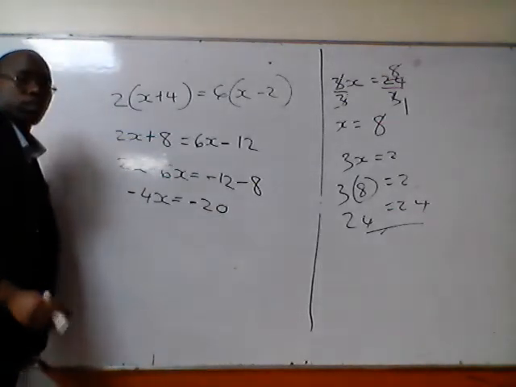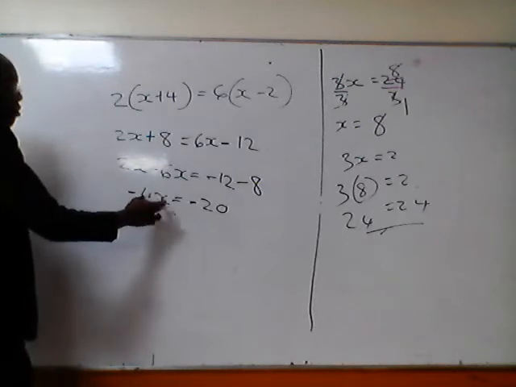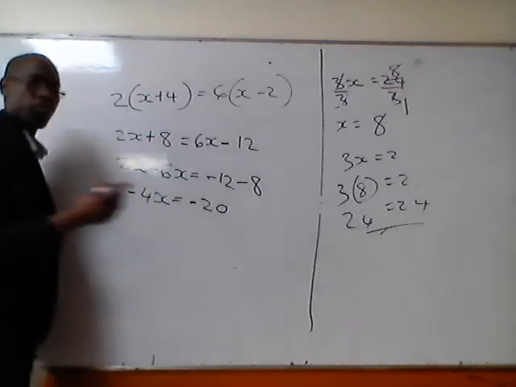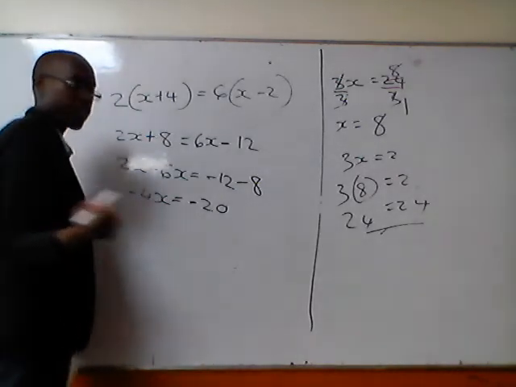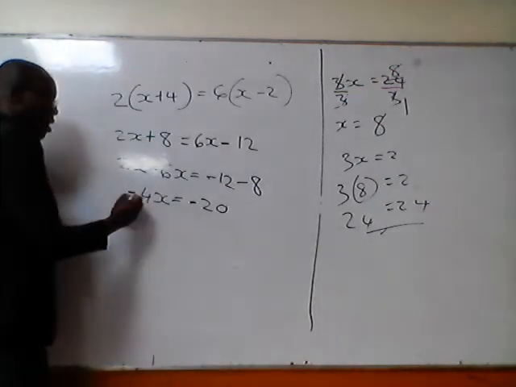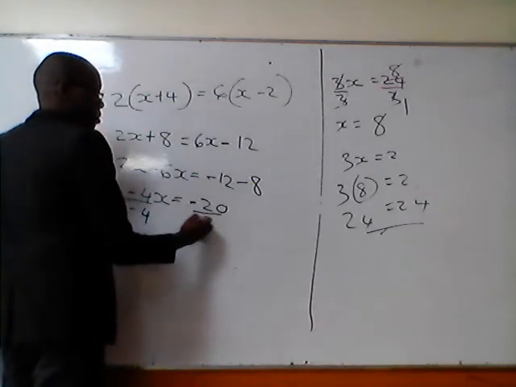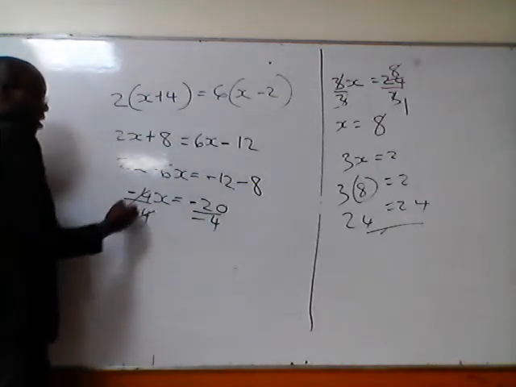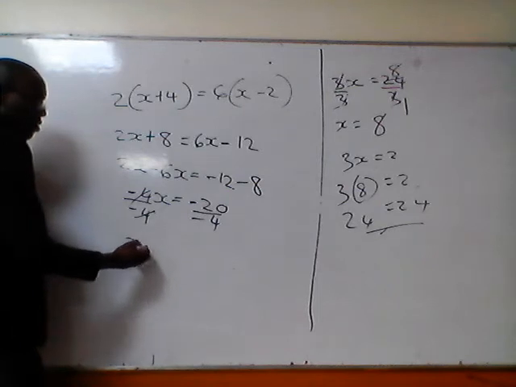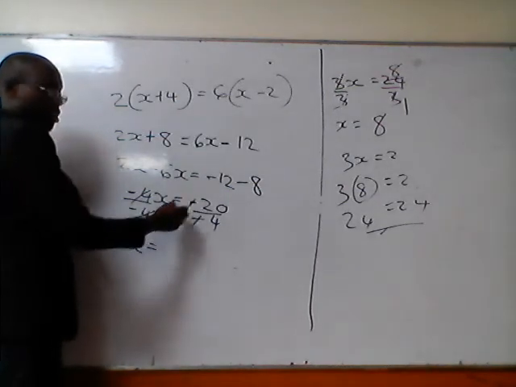That one you can just use the calculator and do that kind of particular equation. So minus 4x is equals to that way. So let us now find the value of x, because we want to find the value of x. So finding the value of x is going to be divide by minus 4, divide by minus 4. And then x will be equal to, so negative and negative will cancel.